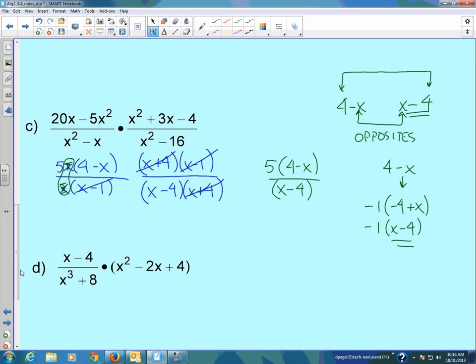And that means here I can make this become negative 5 on the top times x minus 4 over x minus 4 on the bottom. And I'm able now to cancel the x minus 4 factors. And then this whole thing just equals negative 5. So beware of opposites. Opposite variable, opposite constant, pull out a negative, and reduce from there.